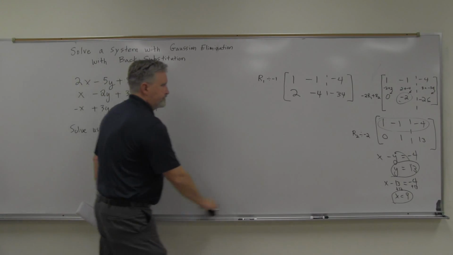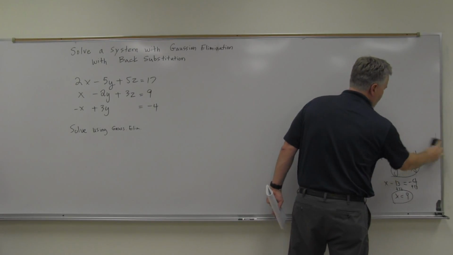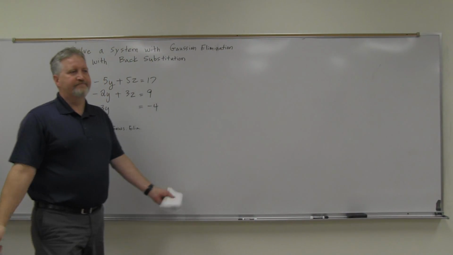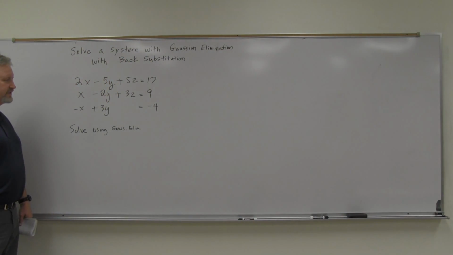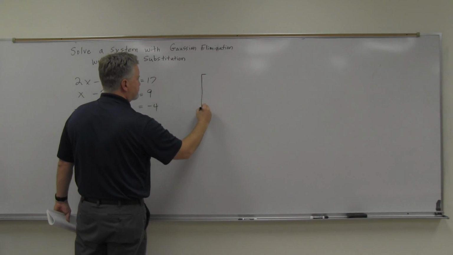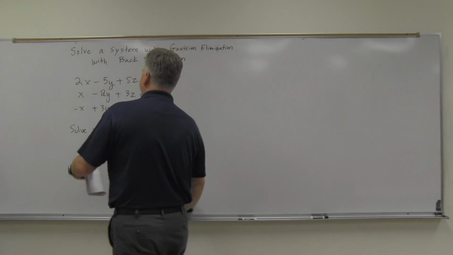And really what the matrices do for us is we don't have to write all the x's and the y's. I guess we could leave those in there, but you don't have to with the matrices here. Okay, so put it in a matrix here.